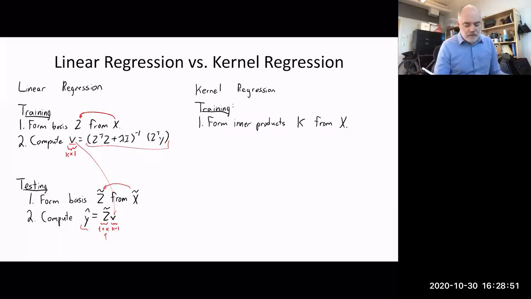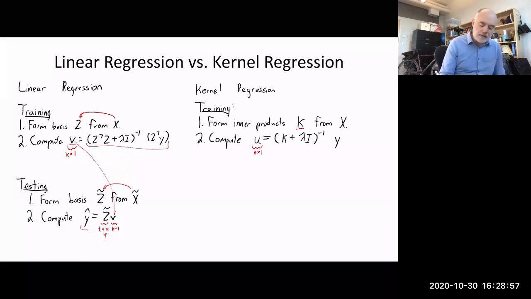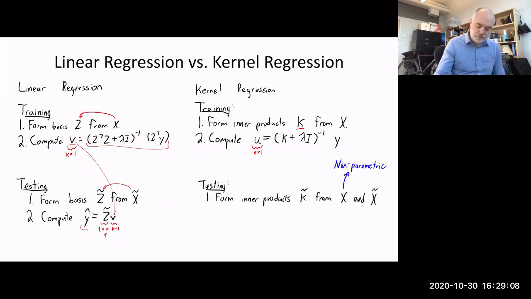Kernel regression, we do the following. We form the inner products in K directly from X. We compute this U quantity, our parameters, as it were. Then we form the inner products in K tilde from X and X tilde directly.